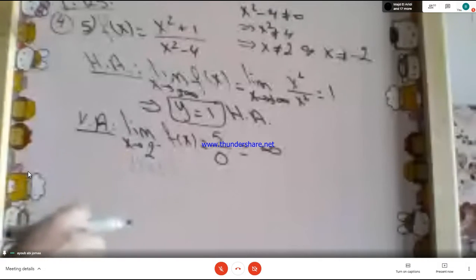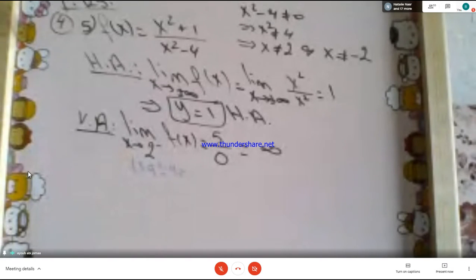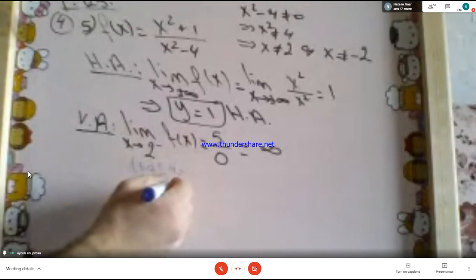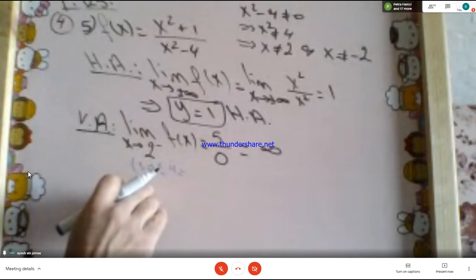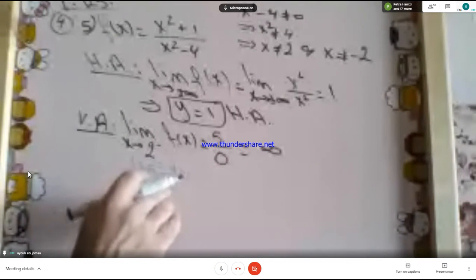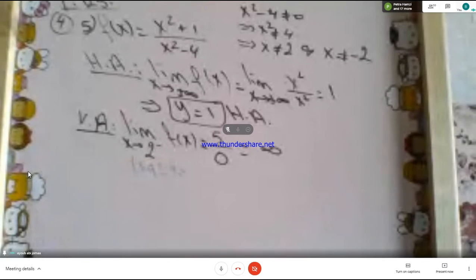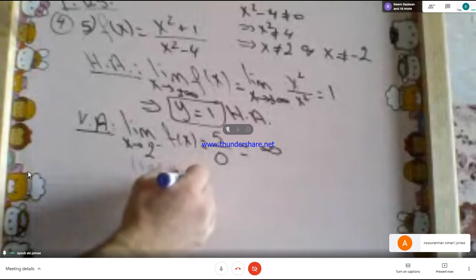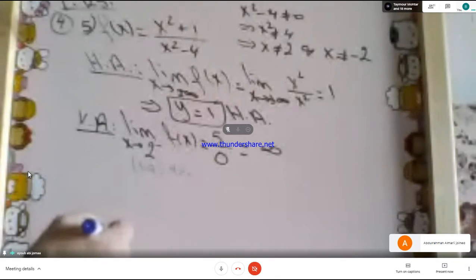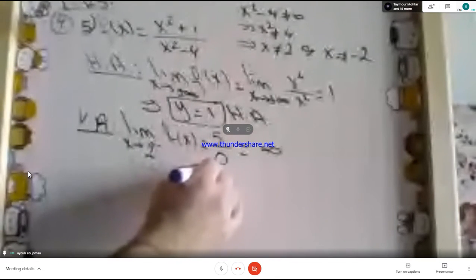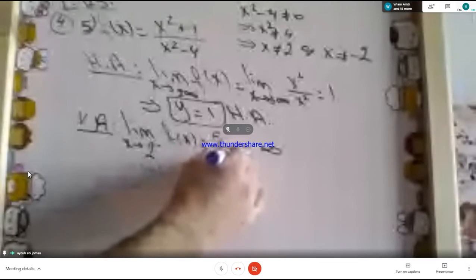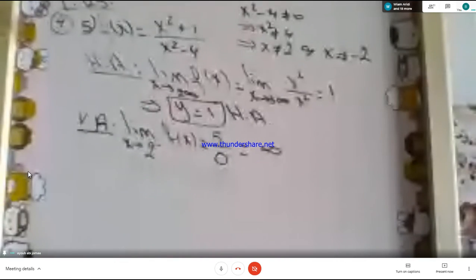Using the calculator, it says minus 0.39. So it's negative.